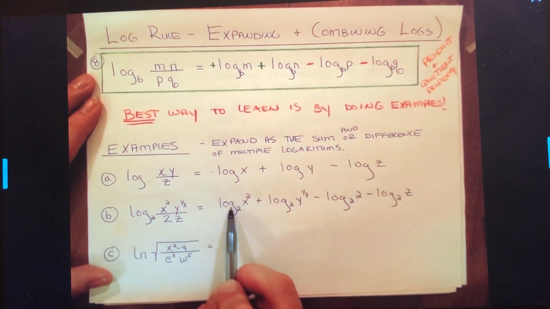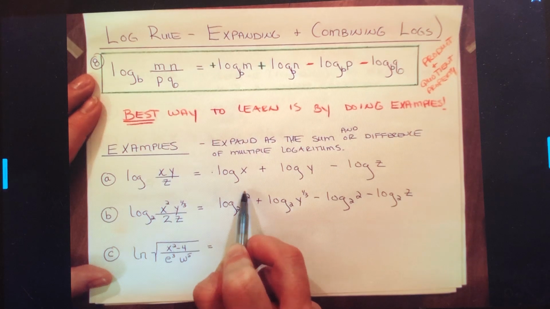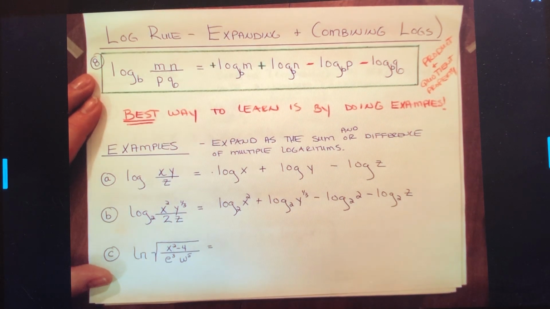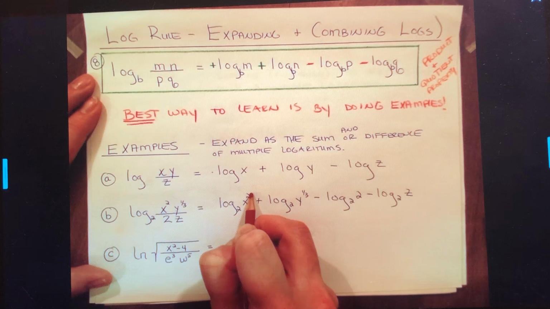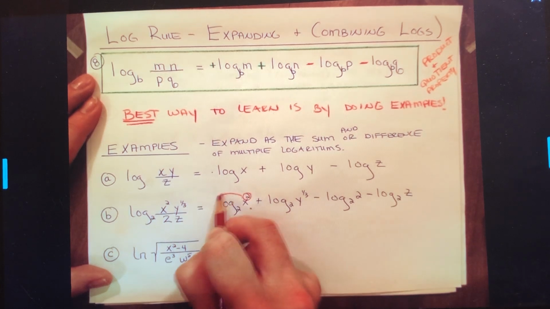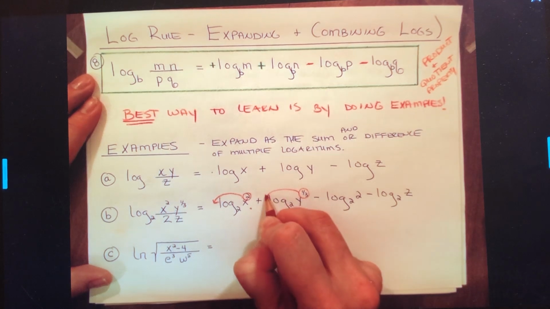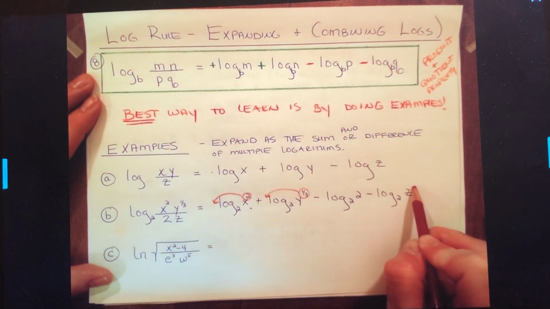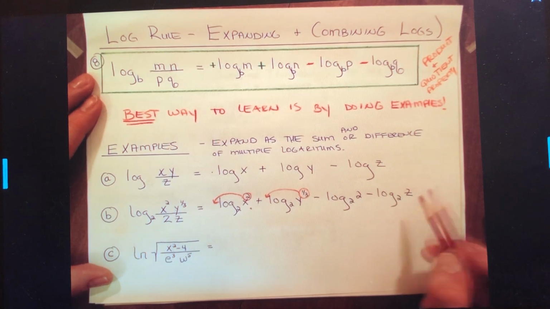Anytime you have a log with an argument to a power, the best way to write that, and what is generally accepted, is to actually take that power, and using one of the previous log rules we've learned, you take those powers and you actually pull them down in front. So I need to do that. Anything that's not a 1 needs to be brought down. The z here, because that's a 1, which we don't write, you don't need to bring anything down.